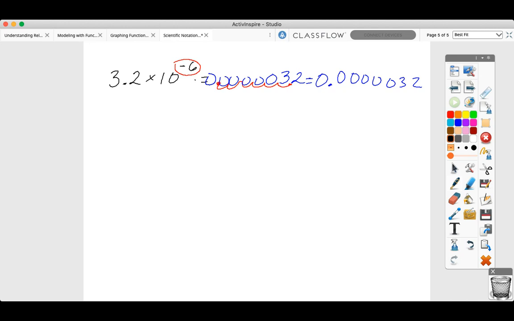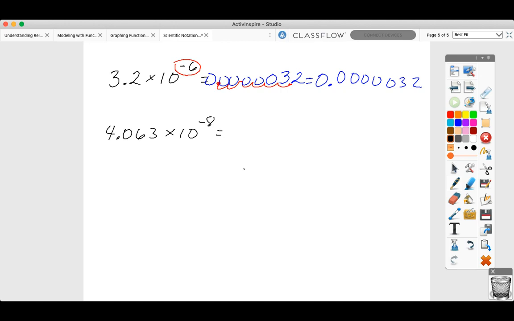Again, we're just taking that negative power of 10 and moving the decimal that many times to end up with a very small number between 1 and 0. Okay, here we go. 4.063 times 10 to the negative 8th power.